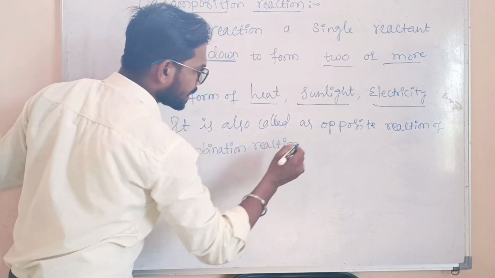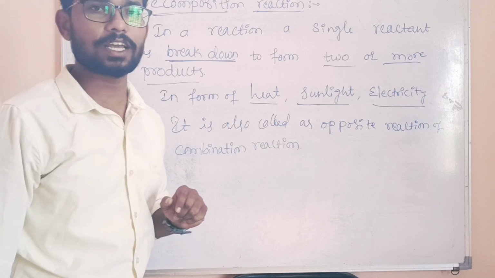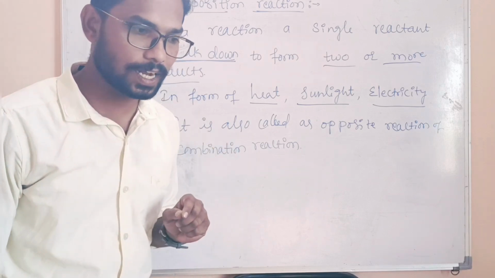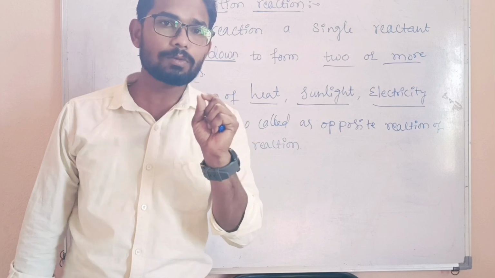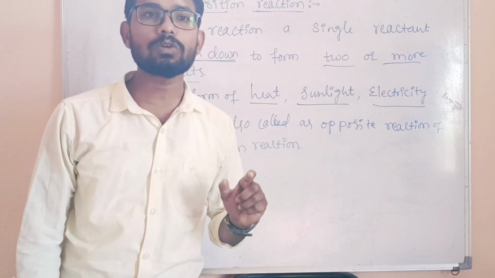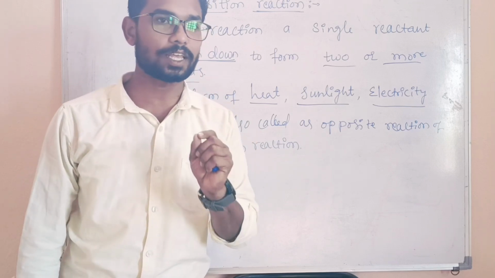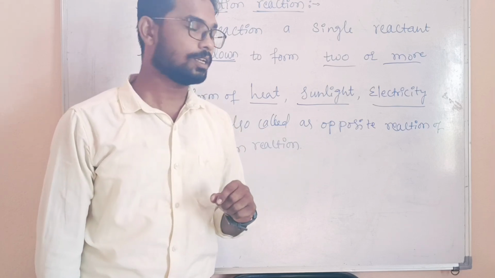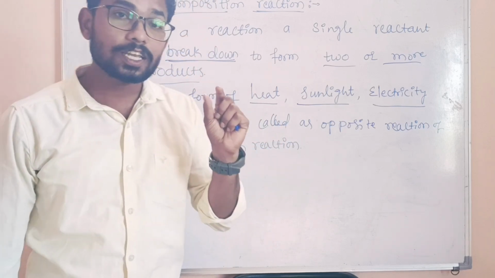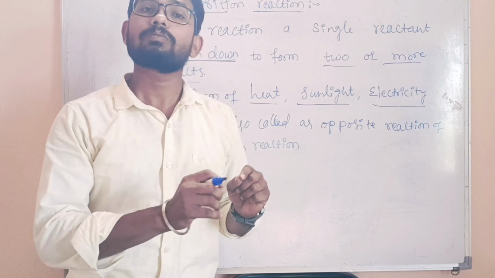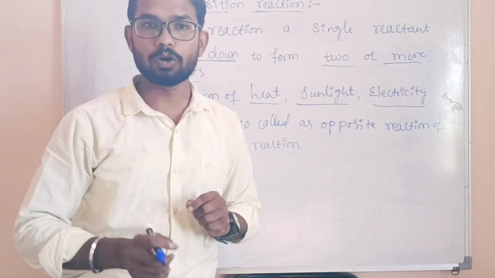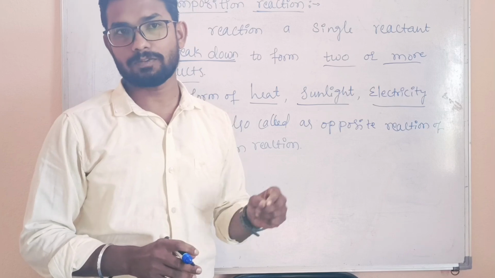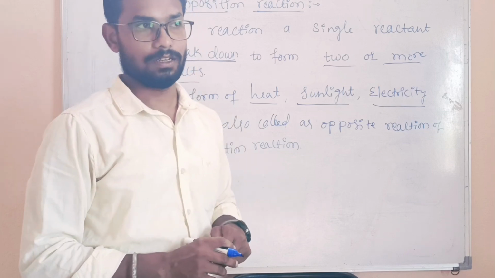Why do we call it the opposite? Because in the combination reaction, two or more reactants combine to form a single product, but in the decomposition reaction, a single reactant breaks down to form two or more products.